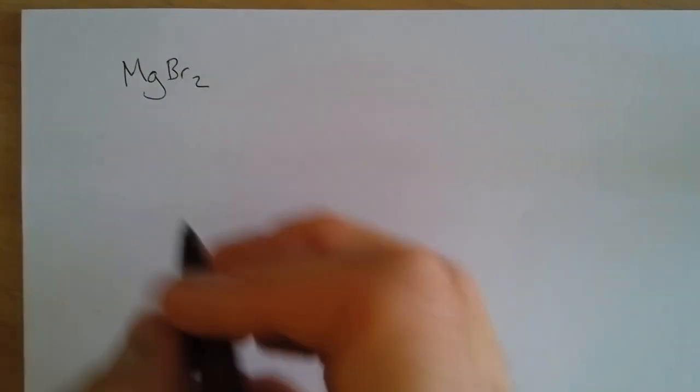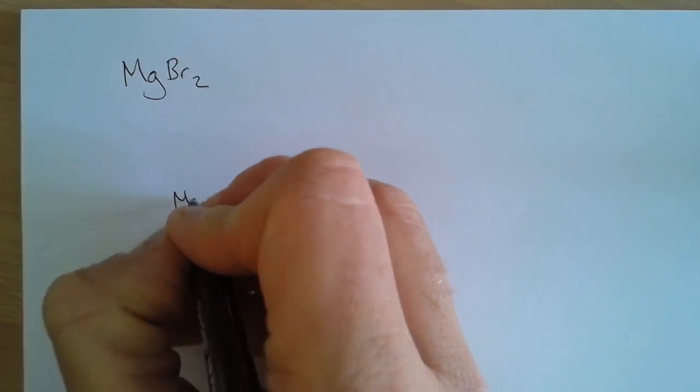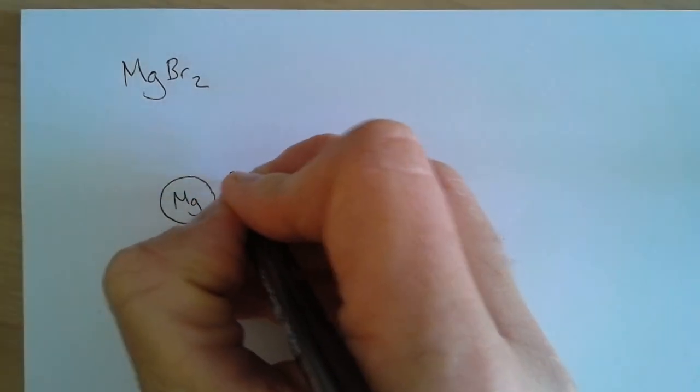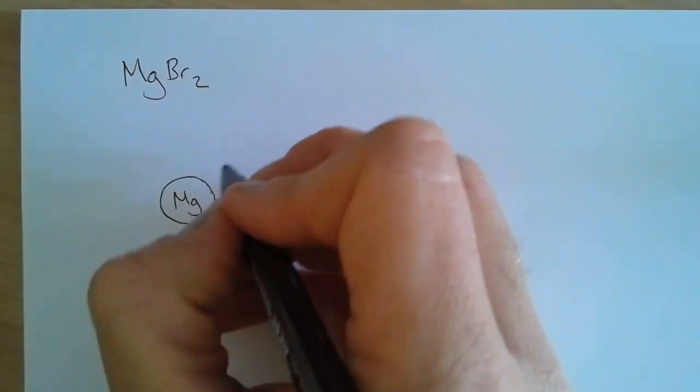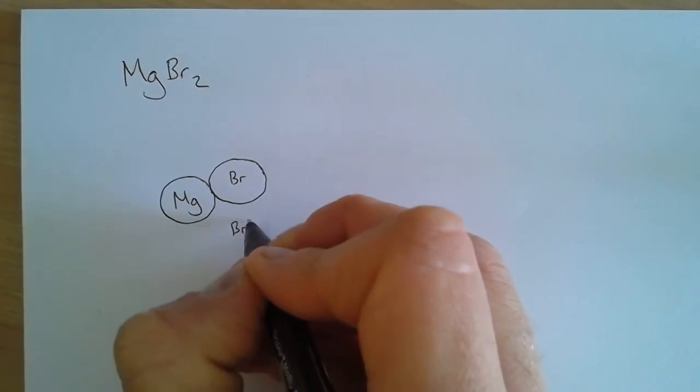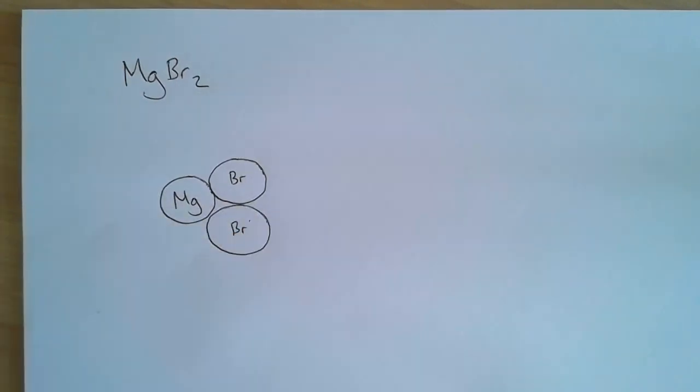So let's draw this out slightly differently. We know that magnesium bromide contains a ratio of one magnesium ion to two bromide ions. Okay, but we also know that these have different masses.